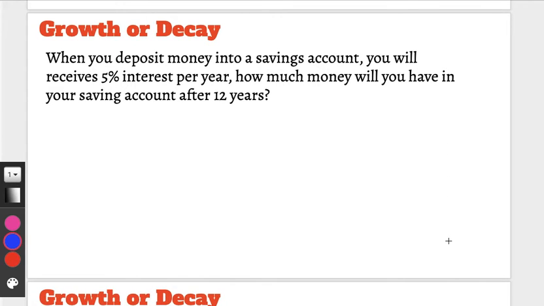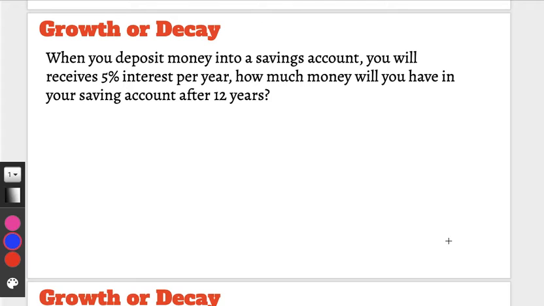So let's see the first scenario. When you deposit money into a saving account, you will receive 5% interest per year. How much money will you have in your saving account after 12 years? One thing I want to remind you is, when you deal with a bank account in the future, you will realize in America the interest is not so much.